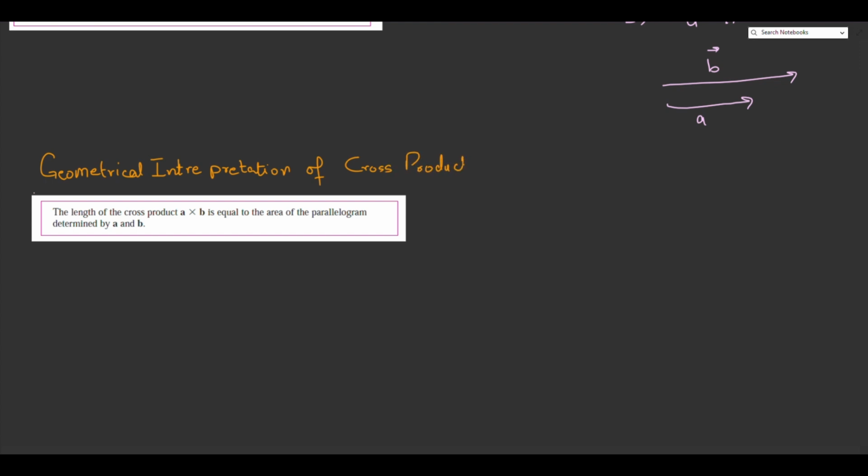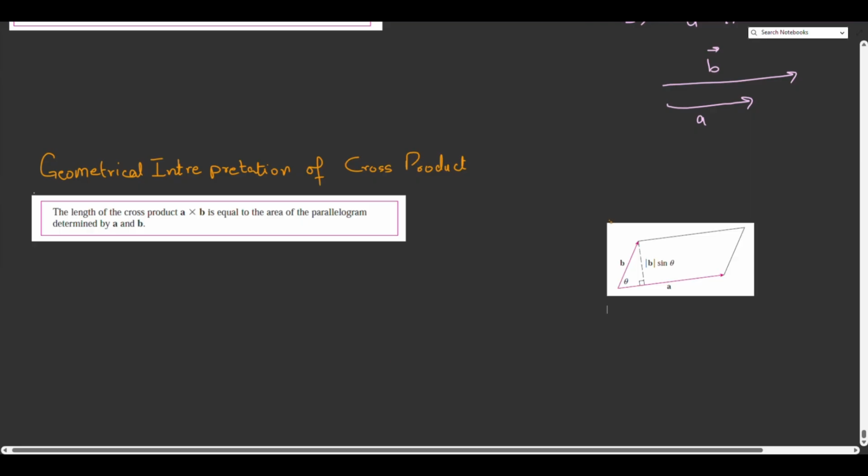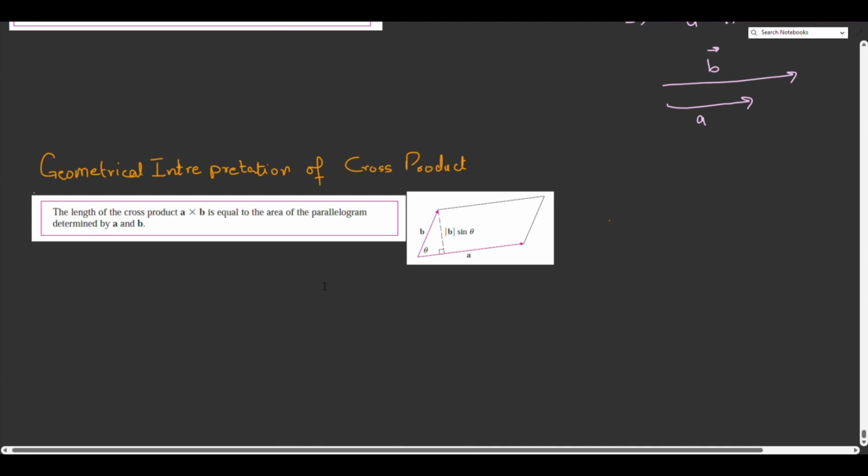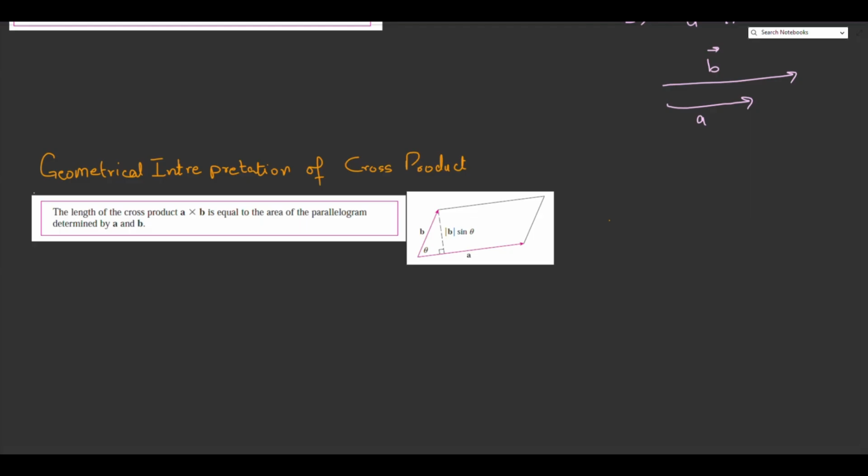So what this theorem says is that the length of the cross product is equal to the area of the parallelogram which is determined by these two vectors A and B. Think about this. We have two vectors, this is the vector A and another vector B, and theta is the angle between them.